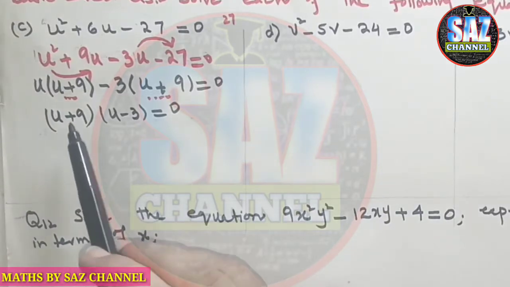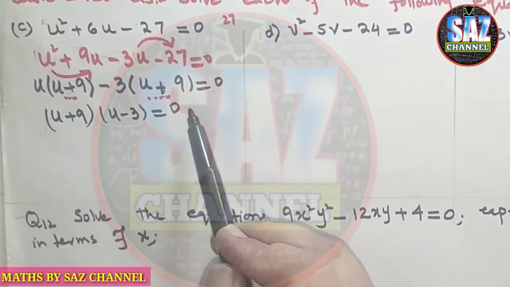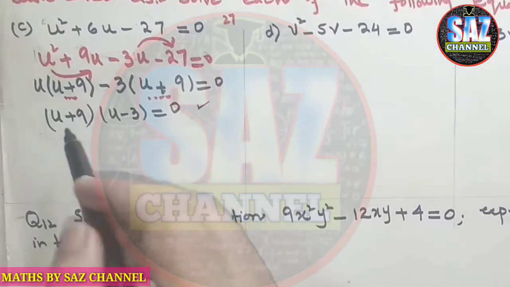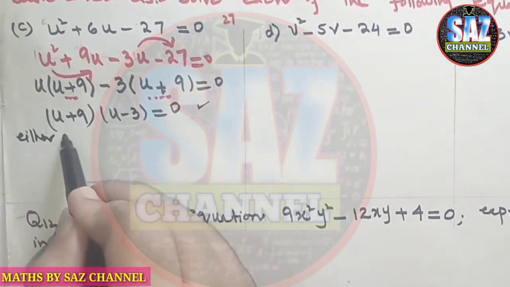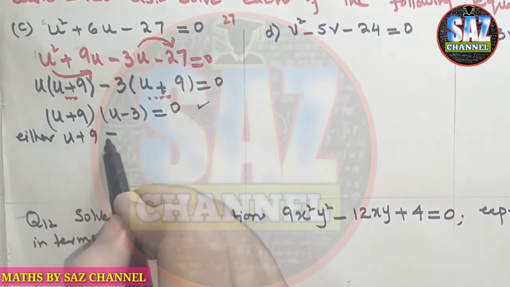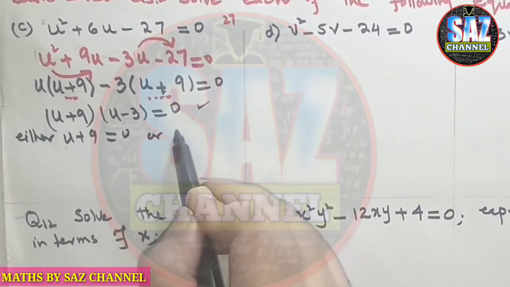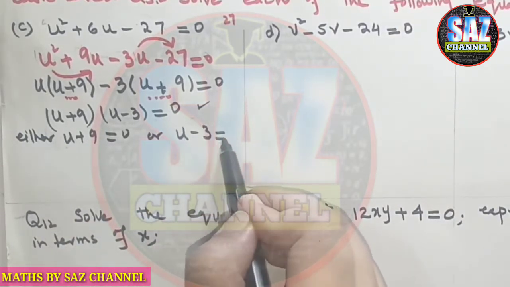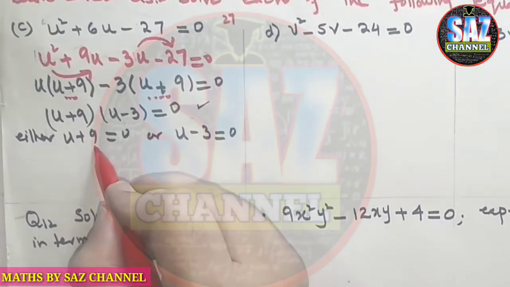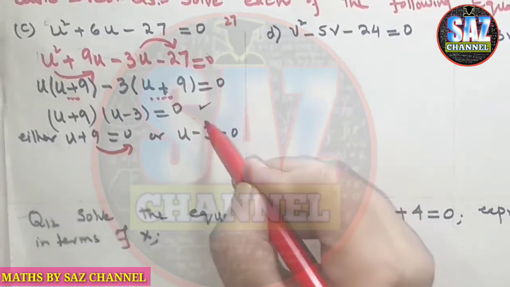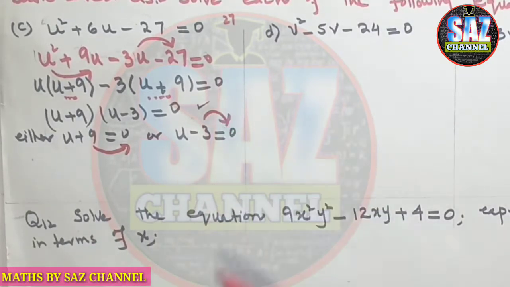Now I have expressed my expression in the form of the product of two expressions, and in order to get the solution, I will be equating either u plus 9 equals to 0 or u minus 3 equals to 0. In order to get the value of the variable, we have to shift the constant to the other side.